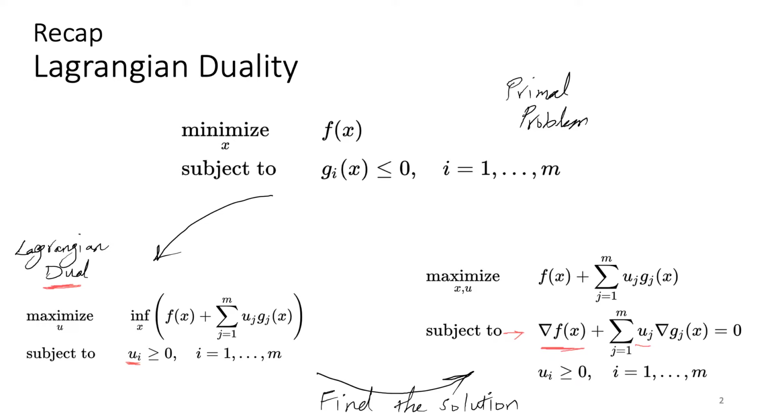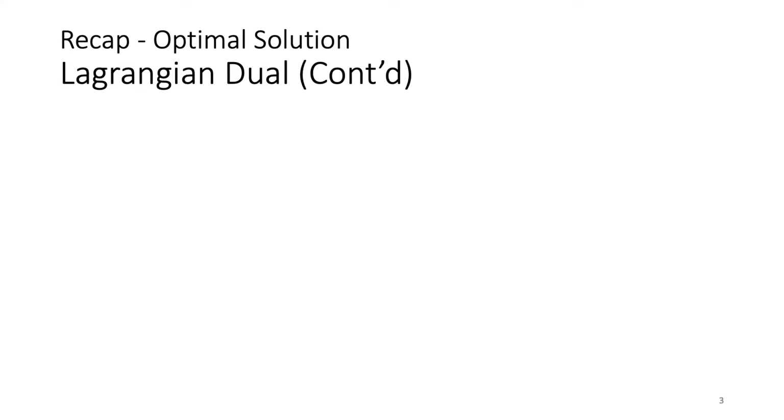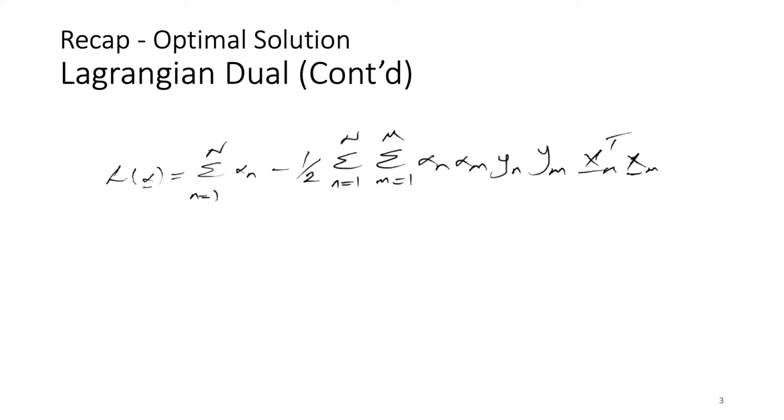Okay, and then we talked about how we're going to define the Lagrangian duality for the SVM problem. We reached the point that we had this function L of alpha as a dual form for the SVM, and then we had to compute the alphas.